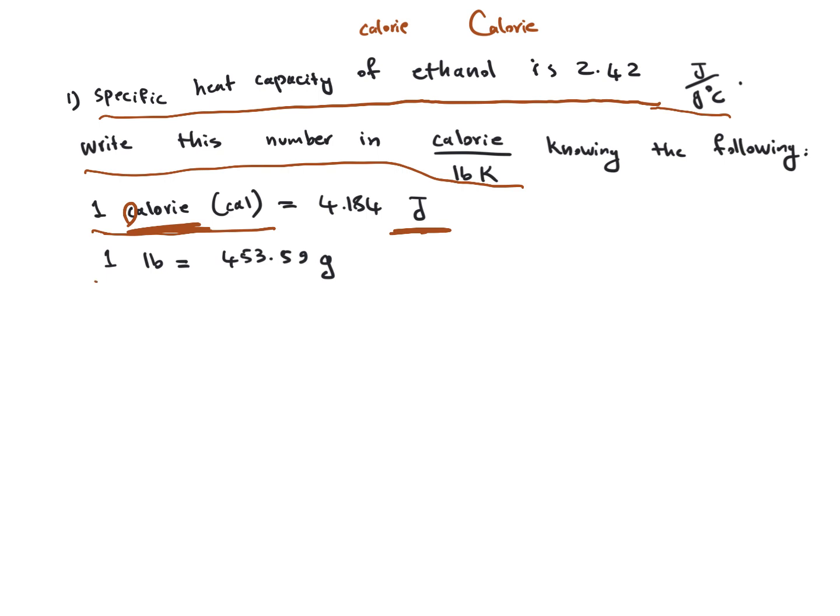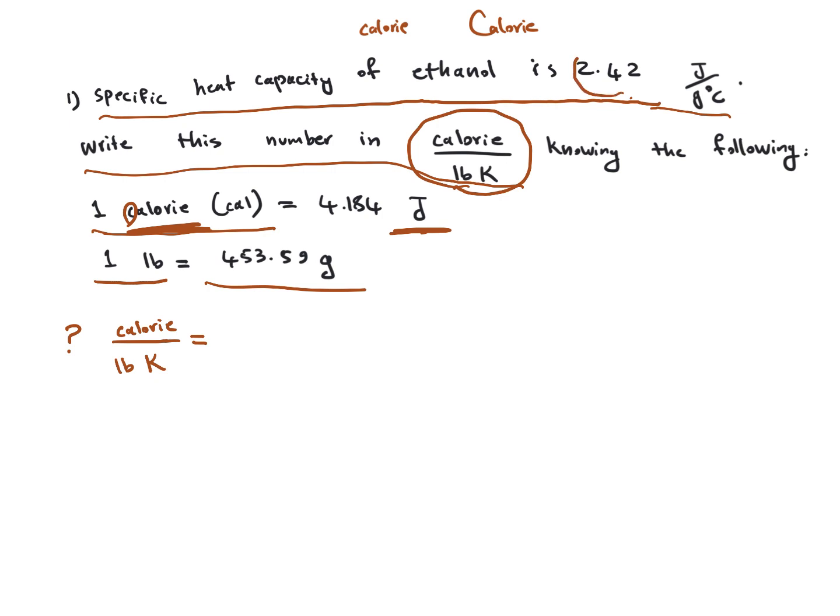Then I gave you 1 pound equals 453.59 grams. Again, anything that you want to find, you write a question mark. The specific heat capacity of ethanol is this much. Write this number in calorie per pound Kelvin. So this is what you want: question mark calorie divided by pound multiplied by Kelvin equals what you are given.